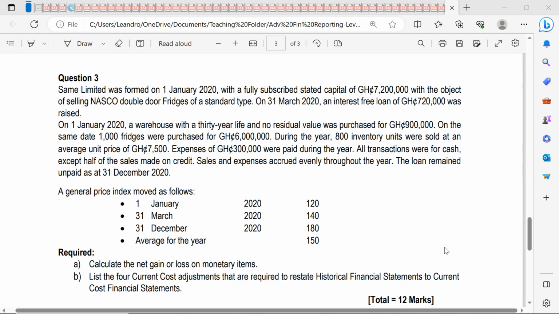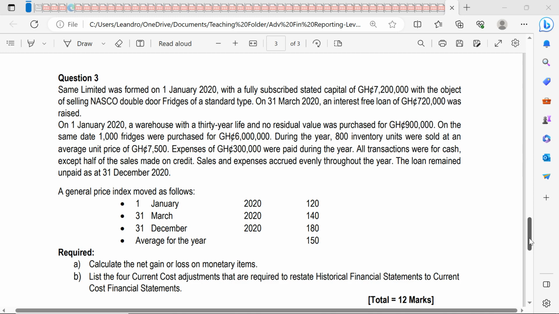Some of you went and prepared the whole income statement. Please take note of the requirement, and it only shows that you do not understand the question you are supposed to answer. Calculate the net gain or loss on monetary items is different from translating the income statement or translating the statement of financial position.